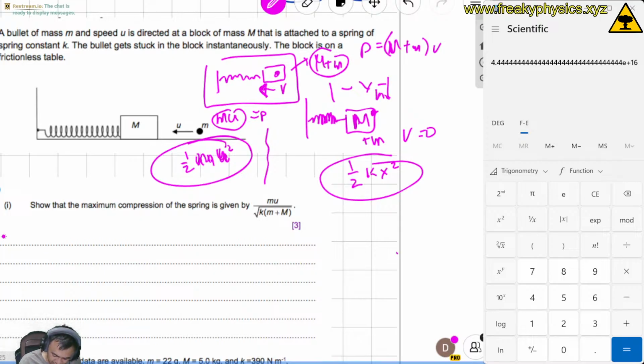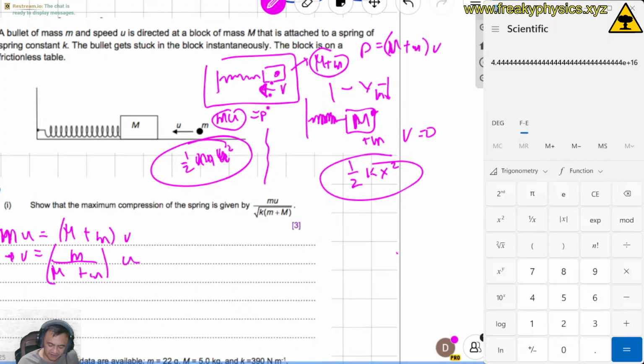First of all, small mu is going to be equal to the sum of the masses times v. So we get that v is equal to small m over m plus m times u. Okay, so that's our v.